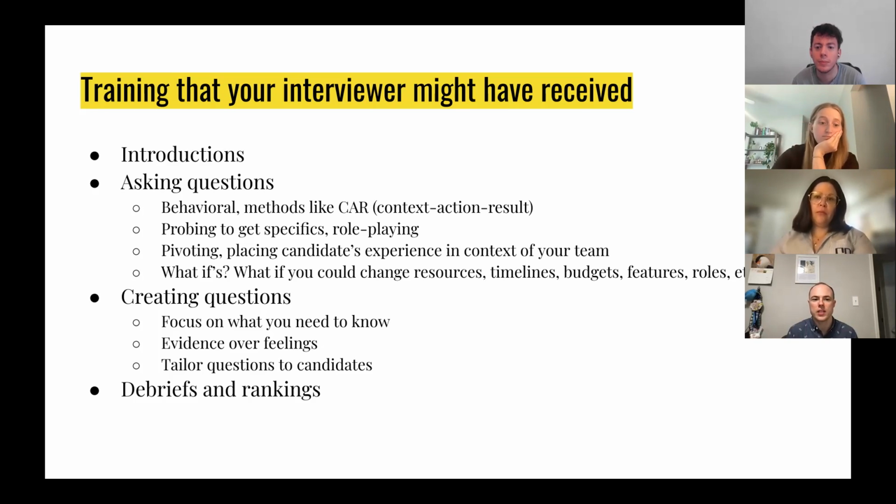Laying out the agenda and making sure they're comfortable with that, and if they have any questions or follow up, making sure they went through the application and have the correct resume documents, that sort of stuff. If it's being conducted virtually, I think a lot of companies understand there could be some technical difficulties, but try to log on early. So that was what they talked about for introductions.